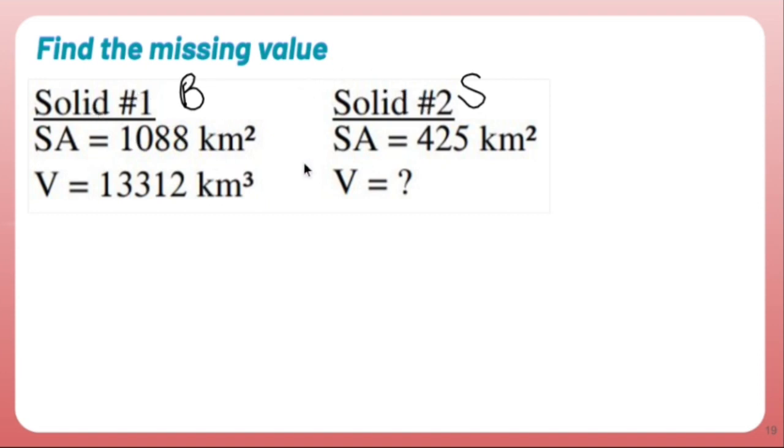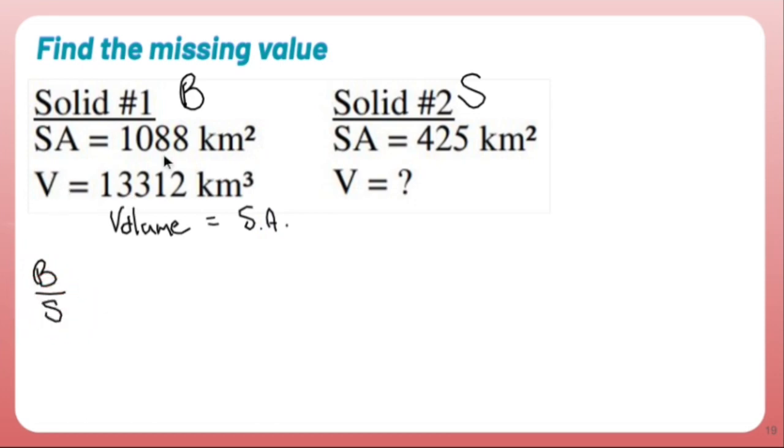But this can't be just easy. All right, I'm going to compare the volume to the surface area. And the way that I'm going to do that is I'm going to create ratios of big to small figures.